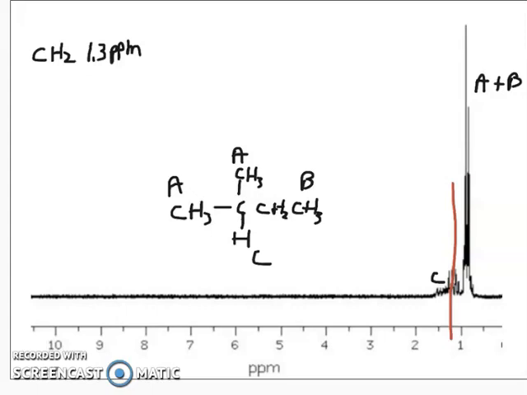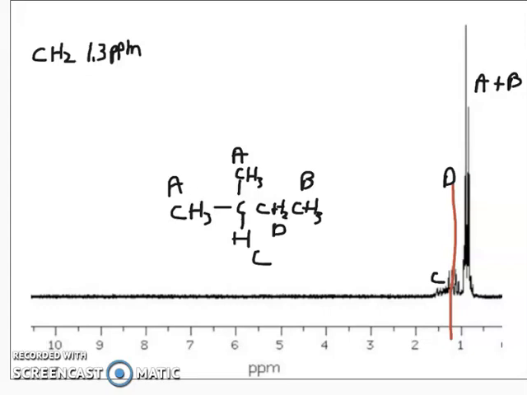Next, we have our methine hydrogen, which I've labeled C, and that shows up a little bit further downfield than the CH2 groups, at about 1.6 or so. And finally, we have our CH2, which we've assigned previously. I'll label it D here, and it is at the position we mentioned before, 1.3.